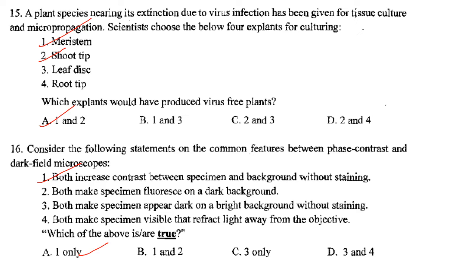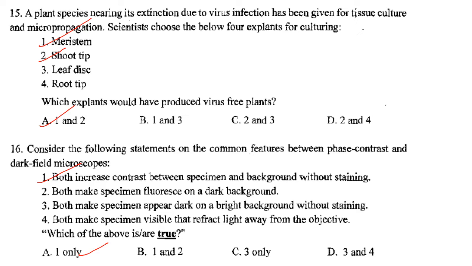Then consider the following statements on the common feature between phase contrast and dark field microscope. Both increase contrast between specimen and background without staining. That is correct. Which of the following is true? So 1 is correct. Both make specimen fluoresce on a dark background.